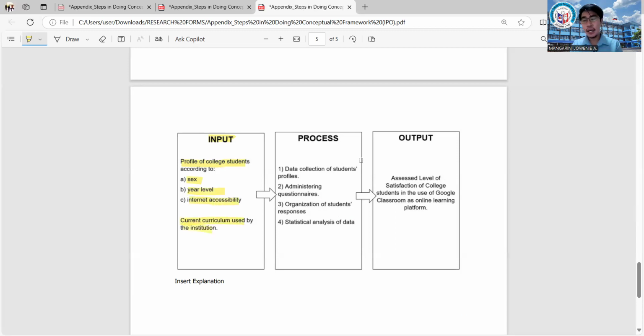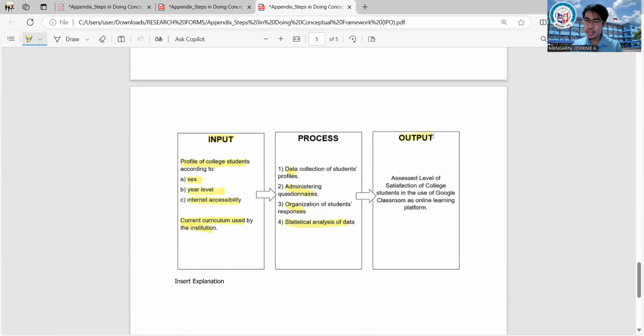Then paano nila bibigyan ng sagot yung kanilang input sa pamamagitan ng pag-collect ng profile ng respondents, pagbibigay ng questionnaire, pag-organize ng sagot ng mga respondents, and paggamit ng statistical data doon sa nakuhang information. Then after that, ano yung output nila?